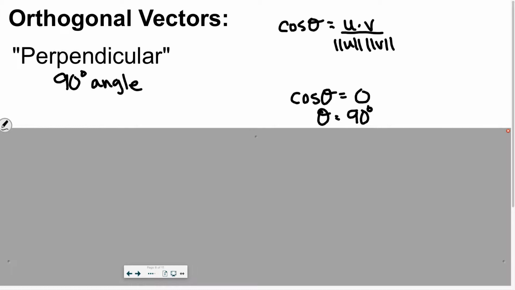What's the only way this fraction equals 0? If the 0 is where? On the top, in the numerator. The only way that's true is if u dot v equals 0.